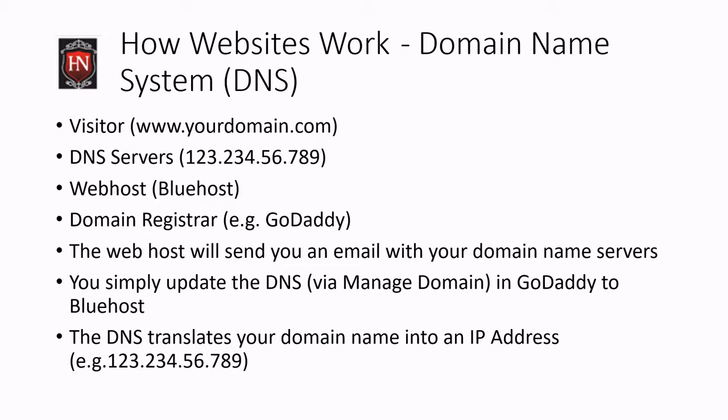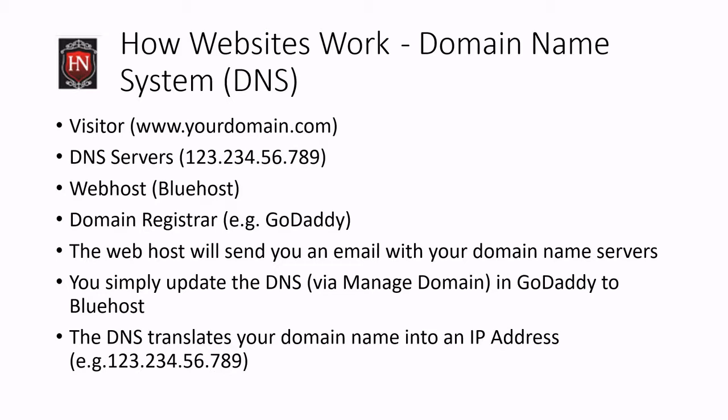So all you have to do, let's say you use GoDaddy to register your domain, is go back into GoDaddy and update the domain name servers. There'll be a button that says Manage Domain once you see a list of your domains in GoDaddy.